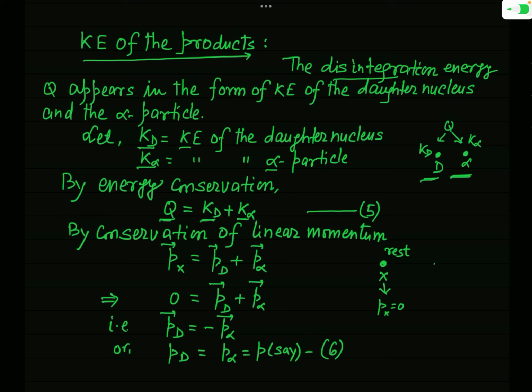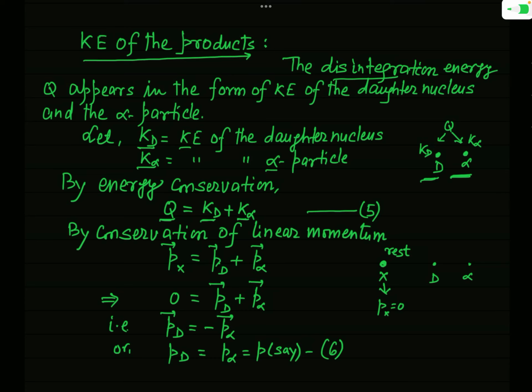And after the decay process, you can see there will be the daughter nucleus D and the alpha particle, and both of these will actually move. In any decay process, the total linear momentum of the system remains constant. So the total linear momentum before decay and after decay will be the same.